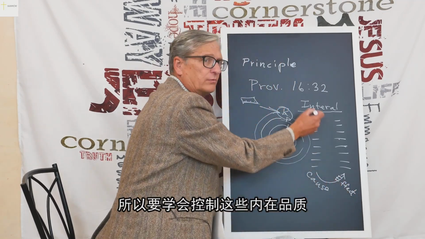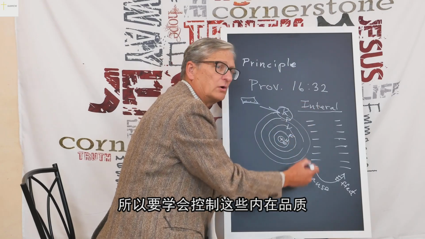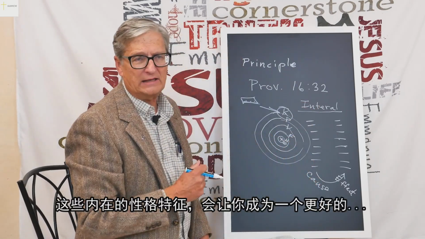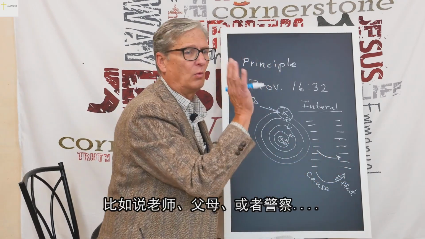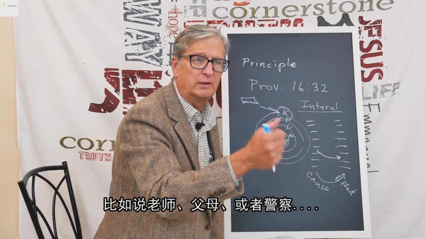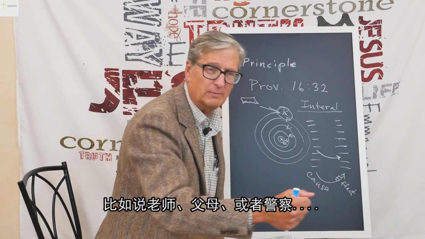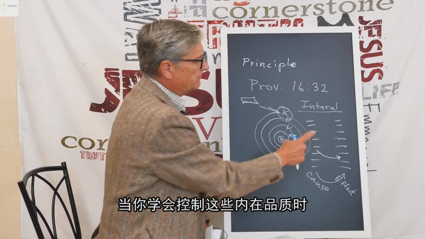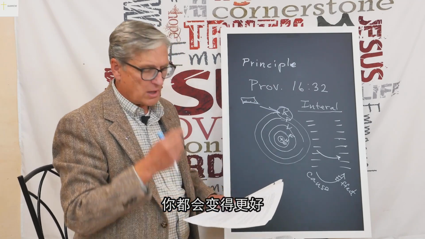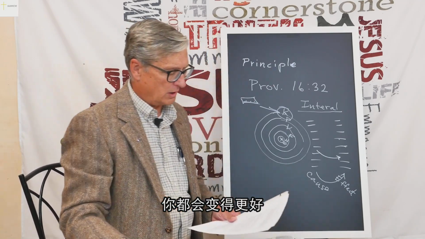So learning to rule those internal qualities, those internal traits of your character is going to make you a better whatever you are. Teacher, parent, policeman, whatever your career, you're going to be better as you learn to rule those internal qualities.